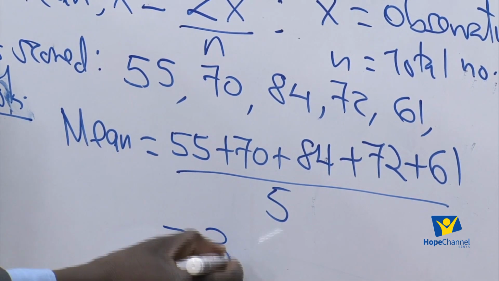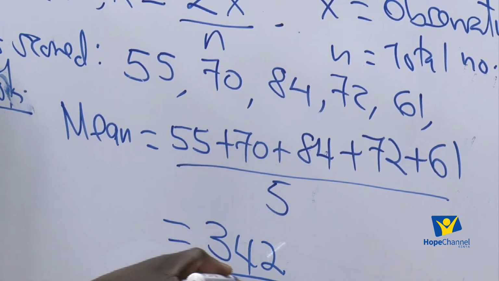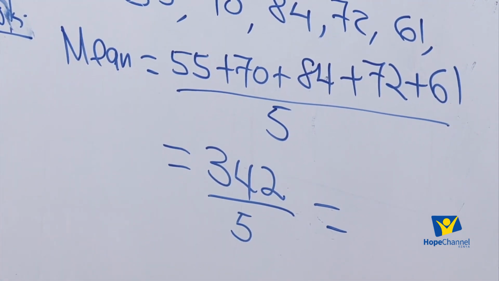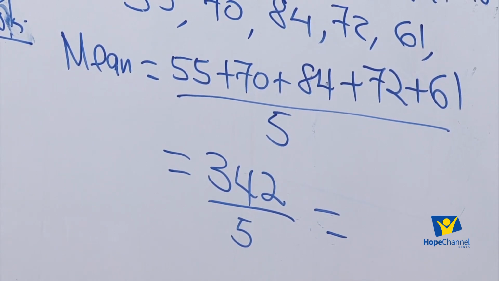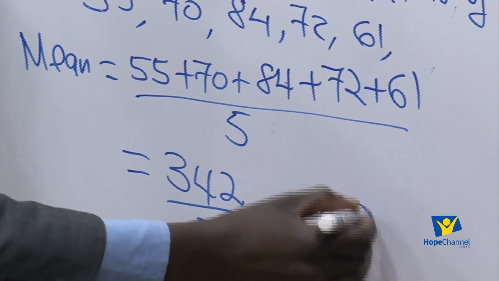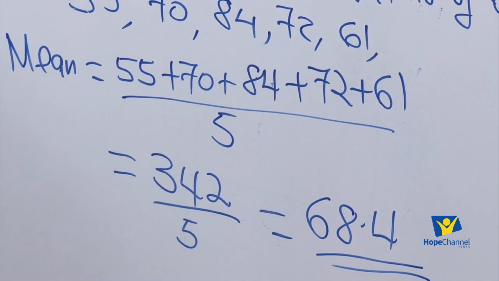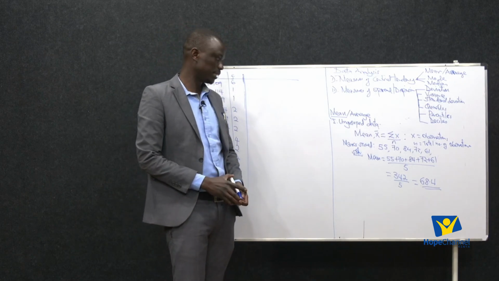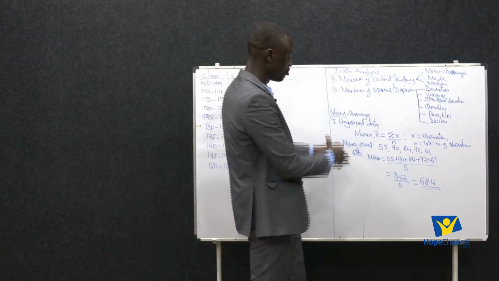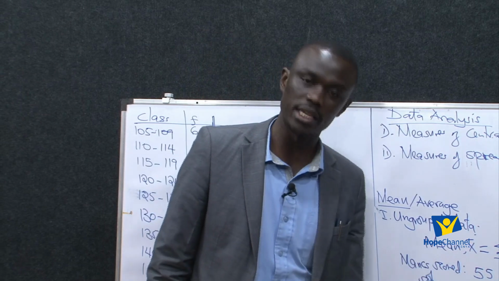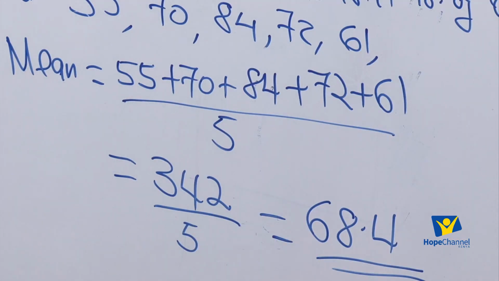So we have 342, and we divide by 5. In your calculators, when you divide 342 by 5, what do we get? We get 68.4. So 68.4 becomes the mean of that particular student in that exam. What the student will take home as the average score for that test is 68.4. And that is how we get the mean of ungrouped data.